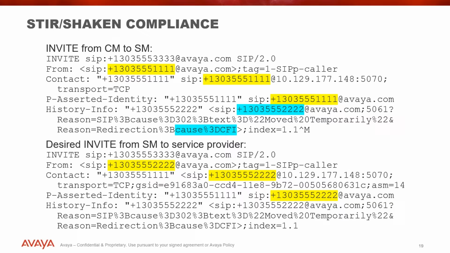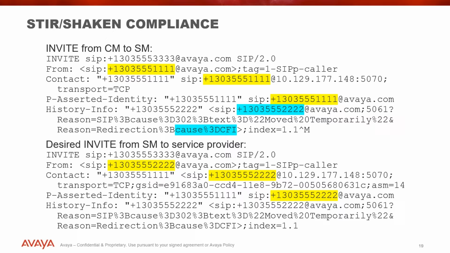If you look in the History-Info, you'll see there's a redirection reason there, cause %3D CFI. The %3D is the escaped version of an equals. So the cause equals CFI, that's call forwarding immediate. And the digit string there in the History-Info, that would be the forwarding number.